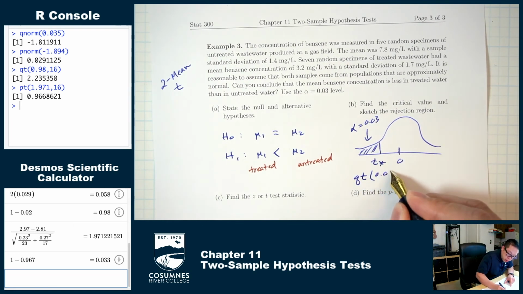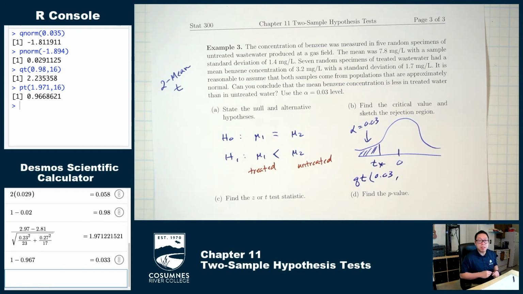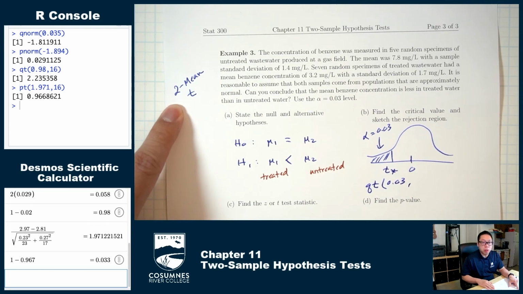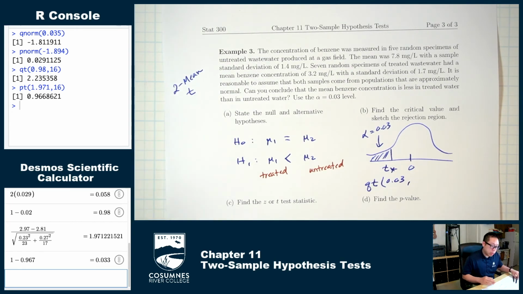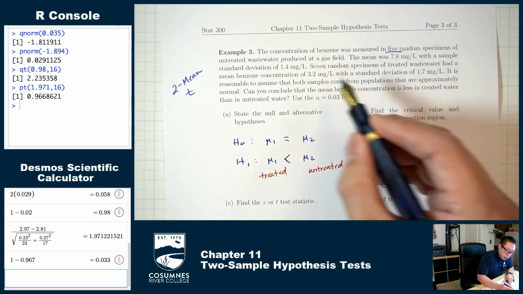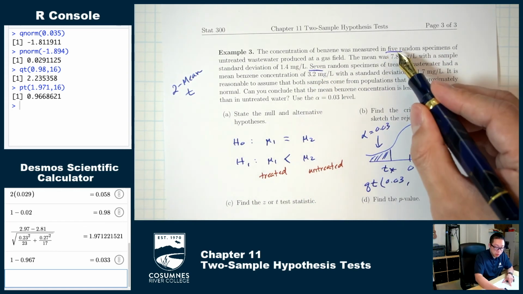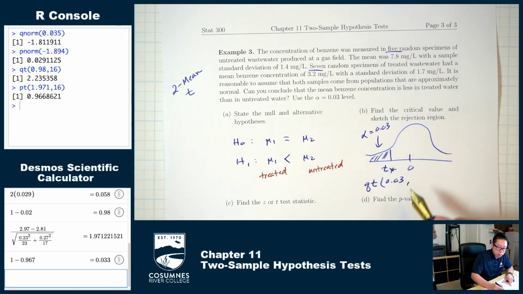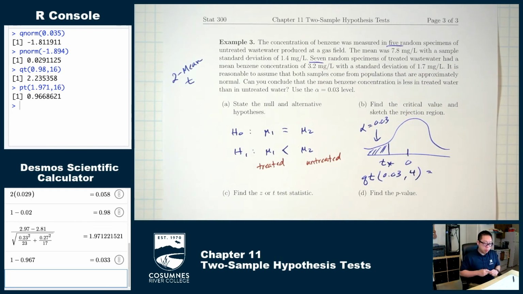So 0.03. QT has a df. For the df for 2 samples, you use the lower sample size. We have 5 versus 7, so it's going to be 5. df for 5 is 1 less, so it's going to be 4. All right, so we're going to do QT 0.03, comma 4.